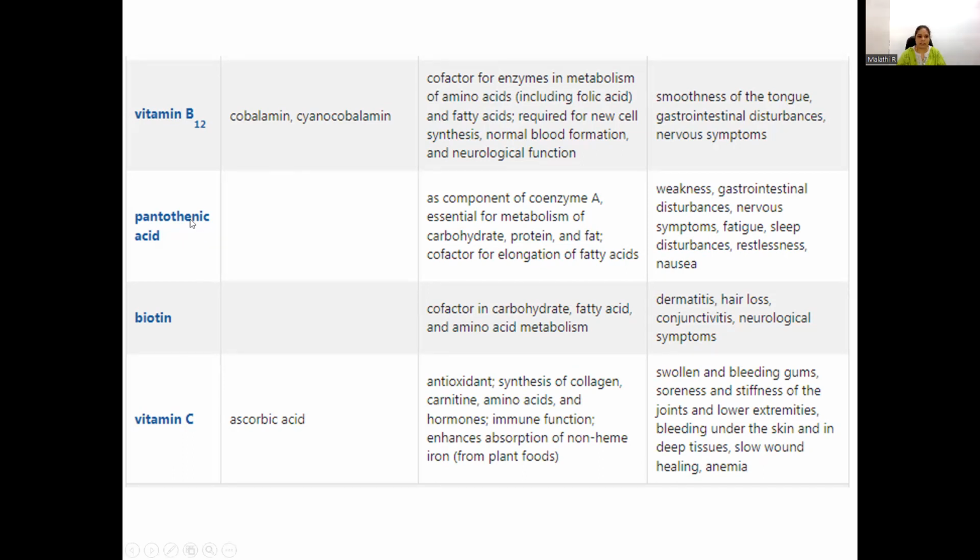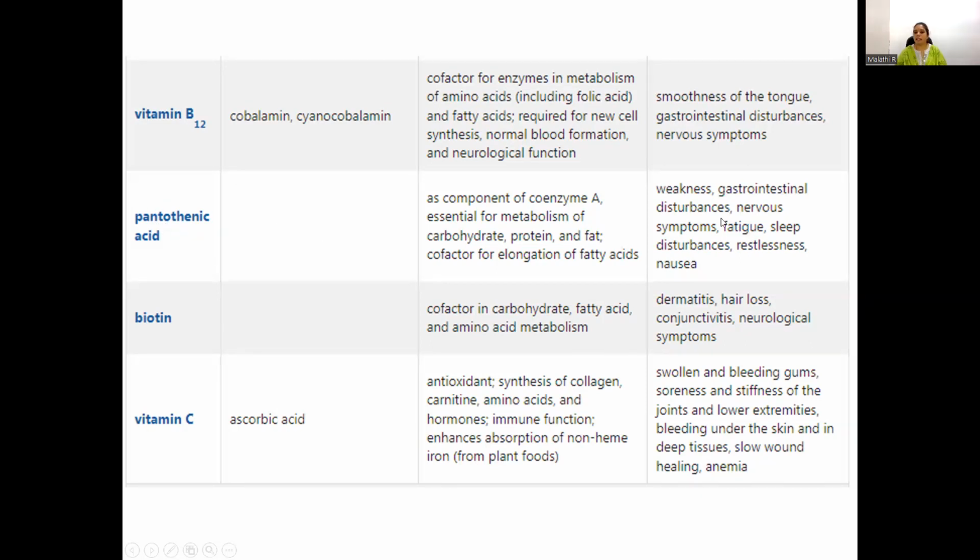The next is pantothenic acid, which does not have another exact name. It is called pantothenate. Its most important function is that it acts as a component of coenzyme A, and it is essential for the metabolism of carbohydrate, protein, and fat. It also acts as a cofactor for elongation of fatty acids, so short chain fatty acids can be elongated to long chain fatty acids with the help of pantothenic acid.